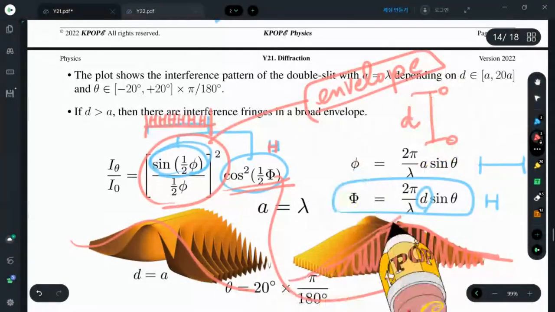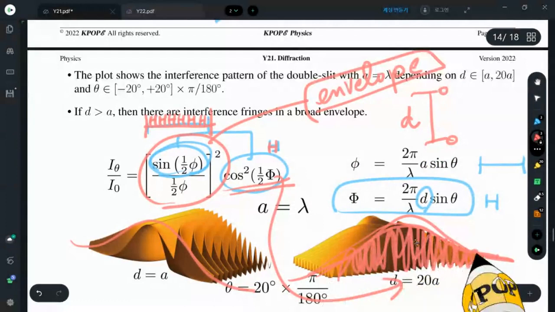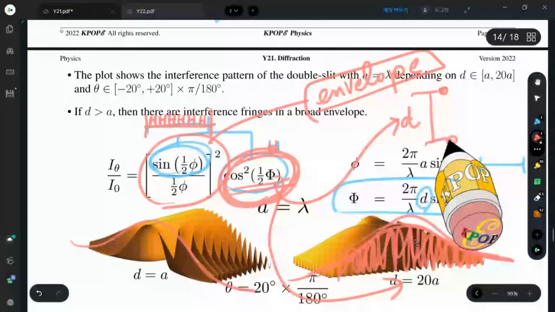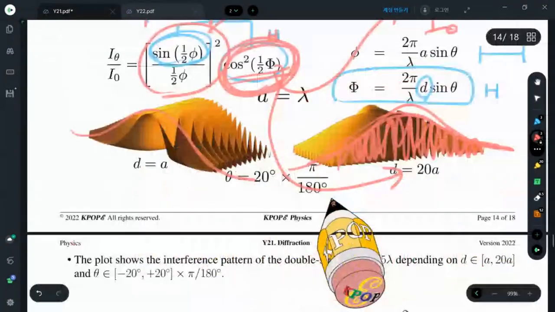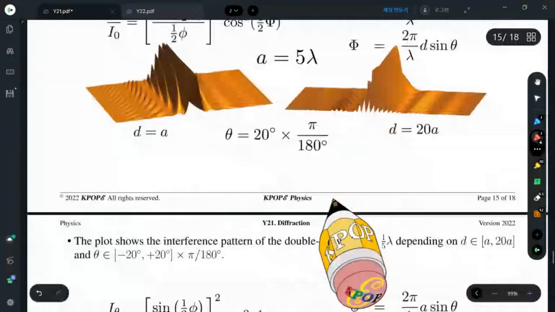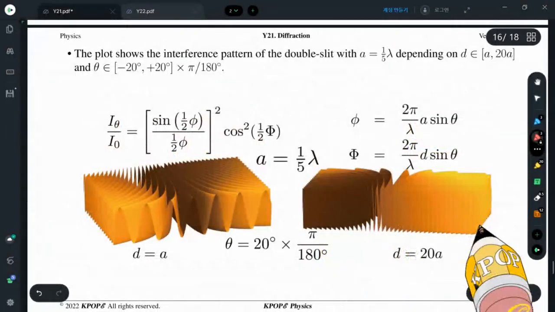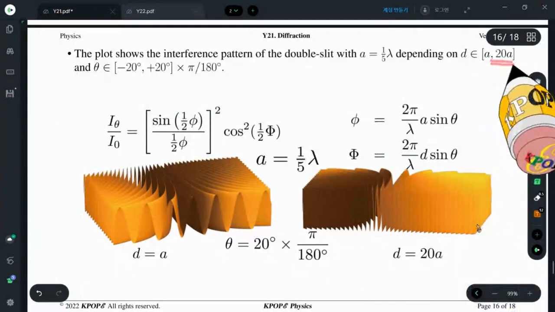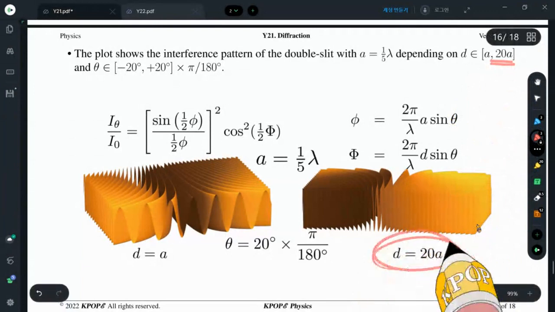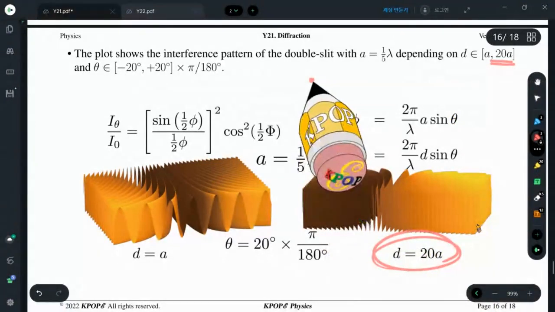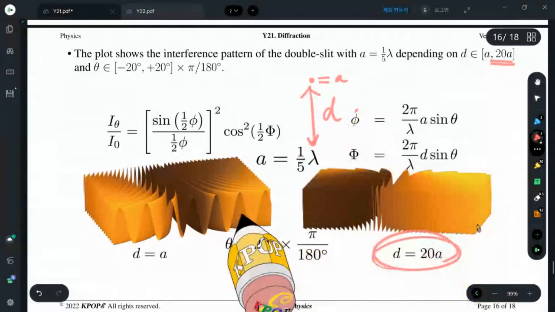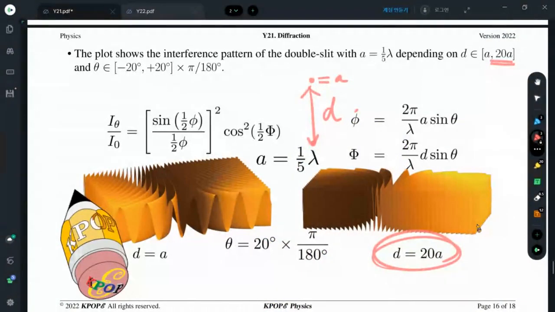Inside an envelope, we have wiggly behavior due to the separation of the two apertures. This one can be magnified, and in an extreme case, the distance d is very large in comparison with the size a of an aperture, then the distribution does not want to die out.